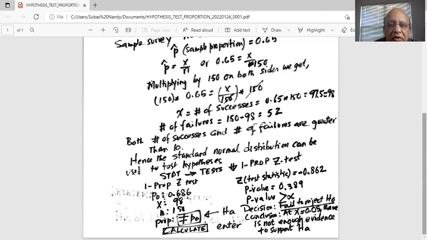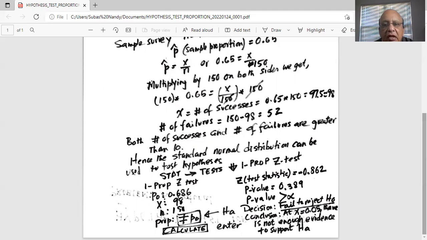Okay, so my P0, that is my hypothesized population proportion, is 0.686. I type that in. That's my null hypothesis. P0 is 0.686. My X, number of successes, is 98. I type 98. My N, sample size, is 150.